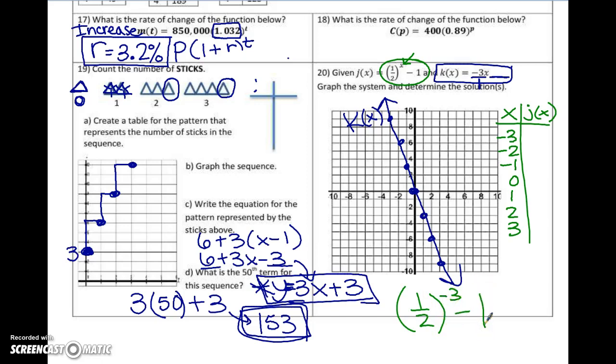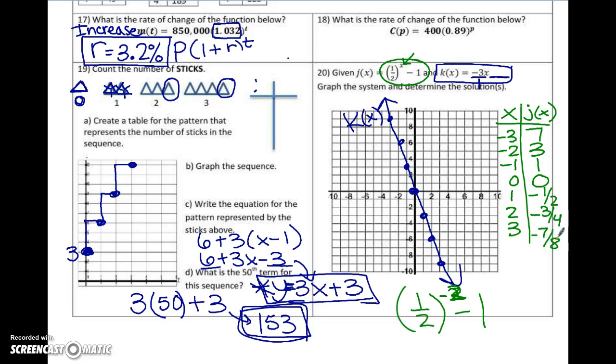If we do that, we end up with an output of 7. Then we're going to change it to a -2. If we find the output there, we get a 3. -1 is 1. Plugging in 0, you get out 0. Plugging in 1, you get -1/2. Plug in 2, you get -3/4. And if you plug in 3, you get -7 over 8.